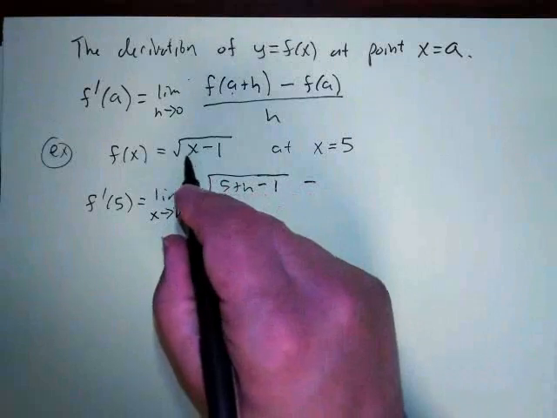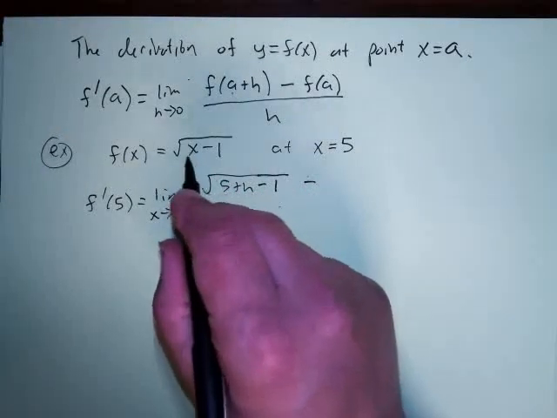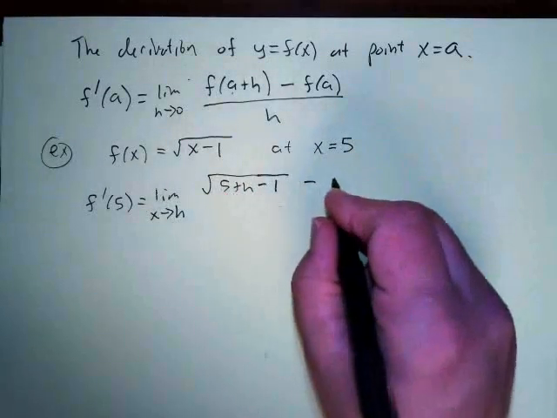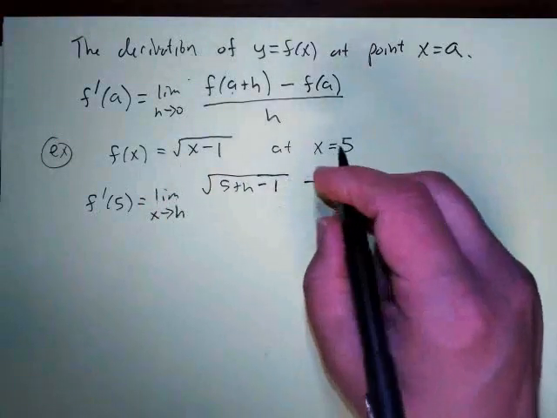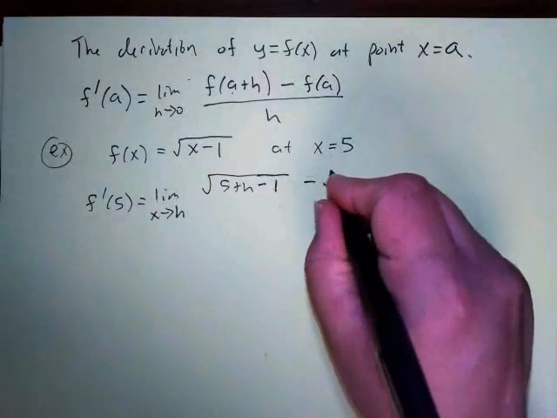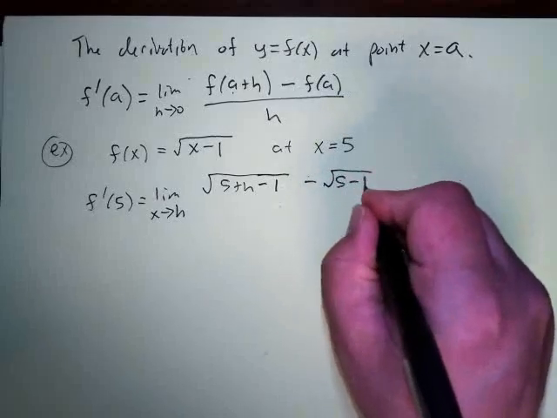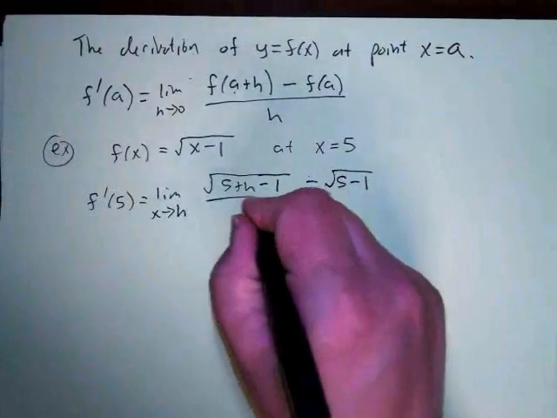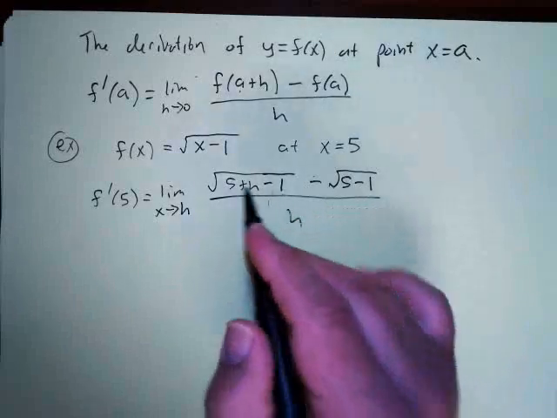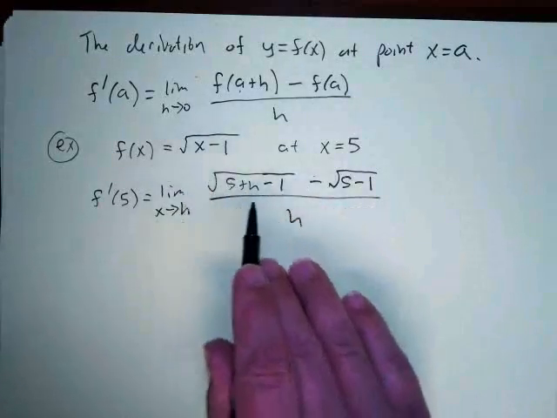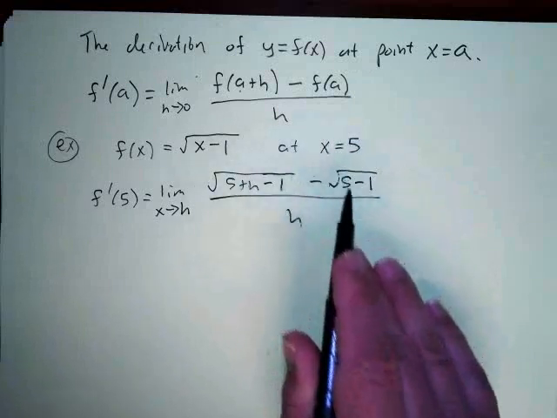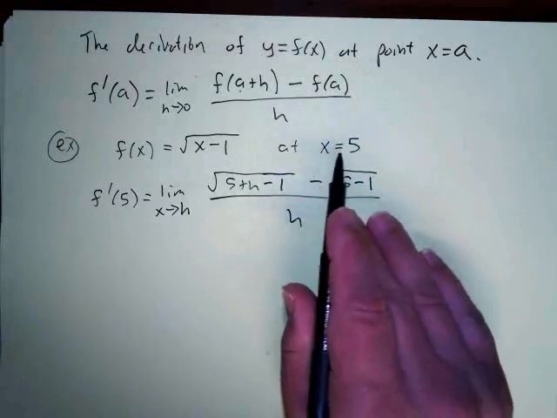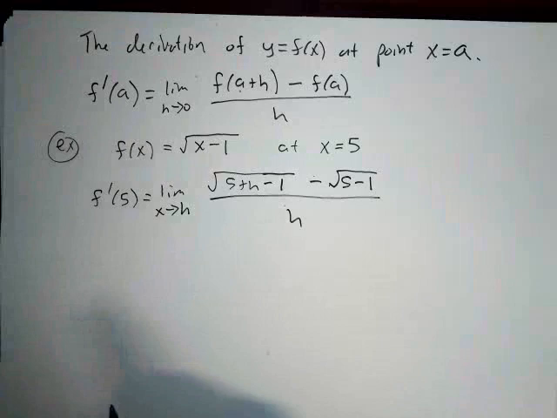And then, instead of having f of x here, I'm going to have f of a, and that's going to be the square root of 5 minus 1, like that, and then all of this over h. So basically, instead of putting x plus h into the difference quotient here, I'm putting in a plus h. In this case, my a is 5.